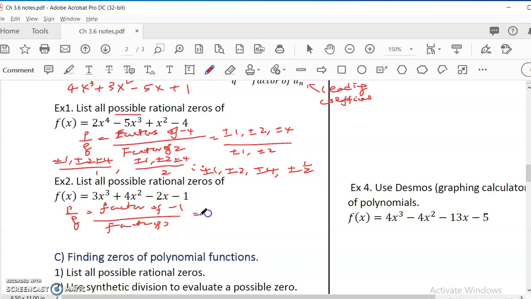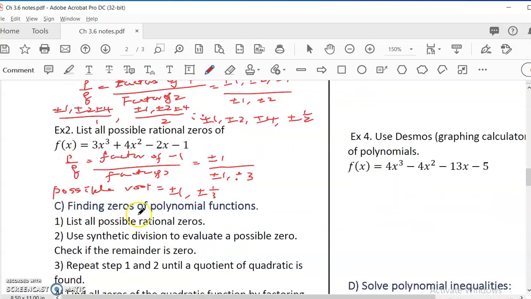What are the factors of 1? It's just plus or minus 1. What are the factors of 3? Plus or minus 1 or plus or minus 3. So all the possible roots are: dividing by 1 gives plus or minus 1, and dividing by 3 gives plus or minus 1/3, and that's it. So there are 4 possible ones.